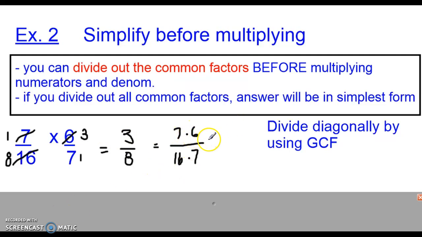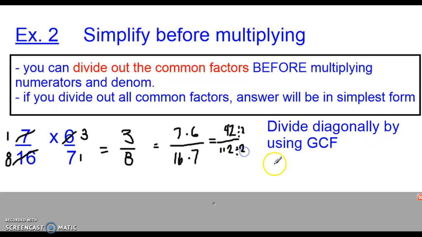Okay, so when I multiply 7 times 6, I would get 42. And then 16 times 7 would give me 112. Now I'm left to simplify this big number. So I could divide by 2 and divide by 2.